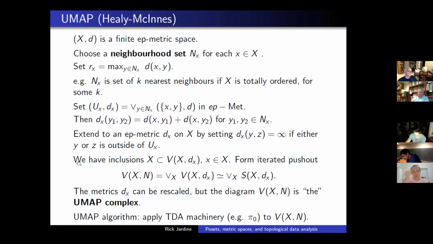Now, Helium-McInnes also rescale the metrics, but I'm not going to do that here because really rescaling doesn't change much about the big picture.